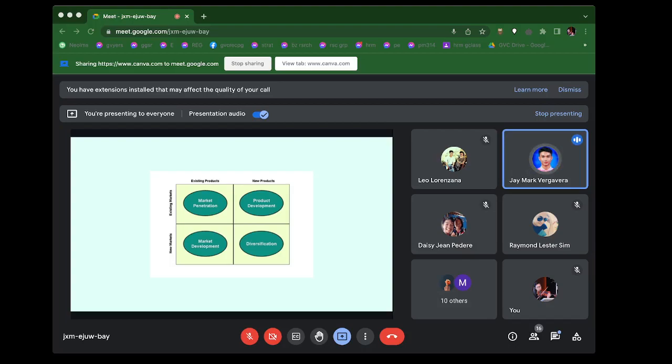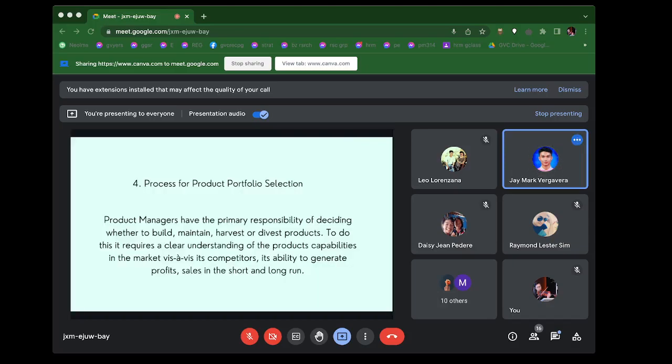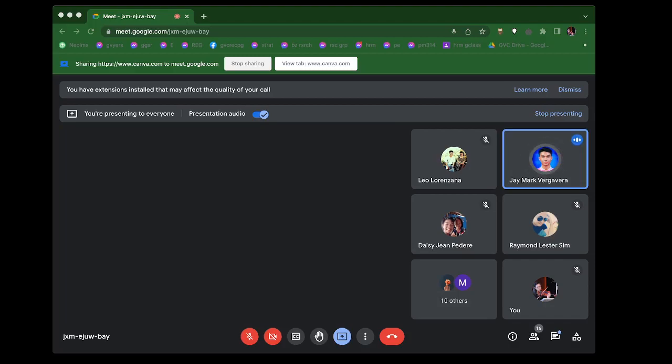So the fourth topic is the process for product portfolio selection. A product portfolio refers to the complete list of products offered by a company. It is a collection of all the products or services offered by a company, with different growth rates and market shares.